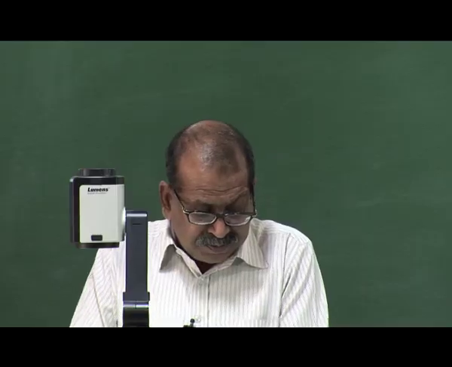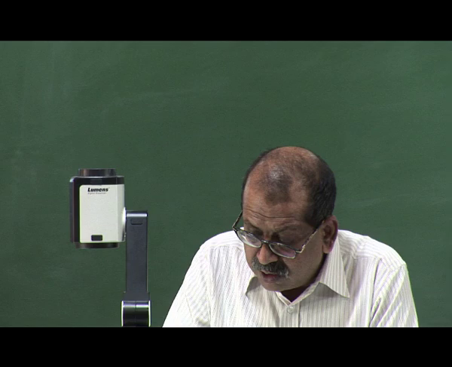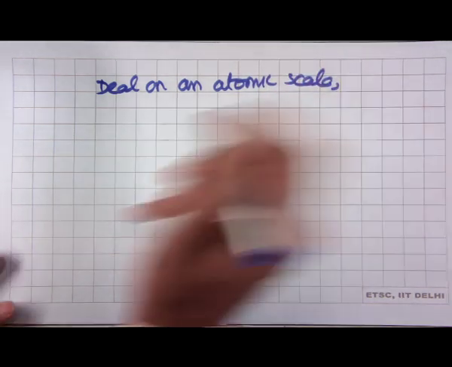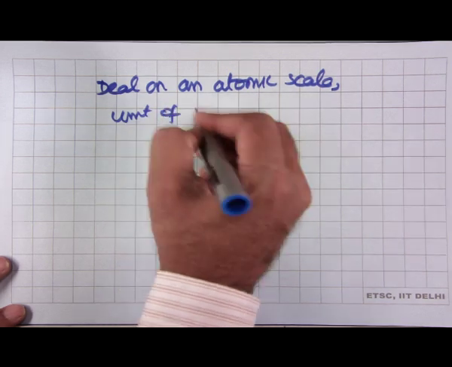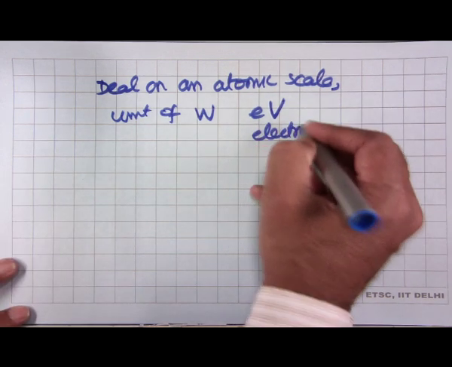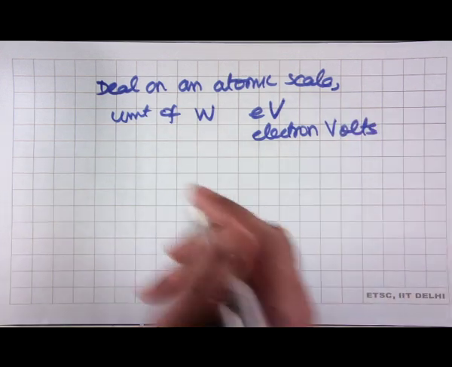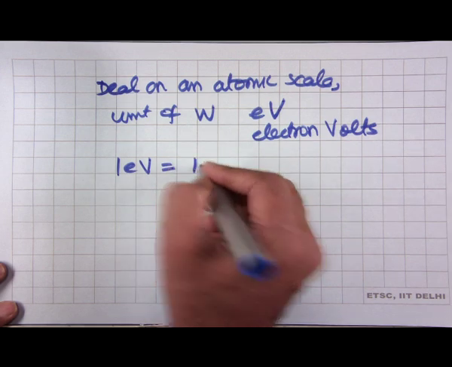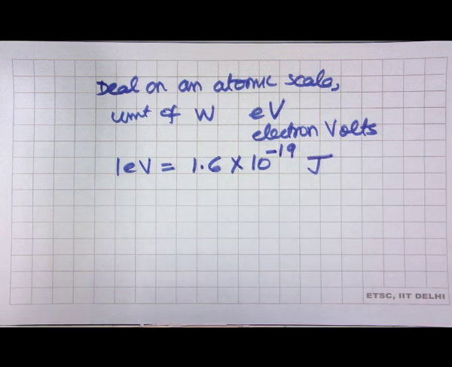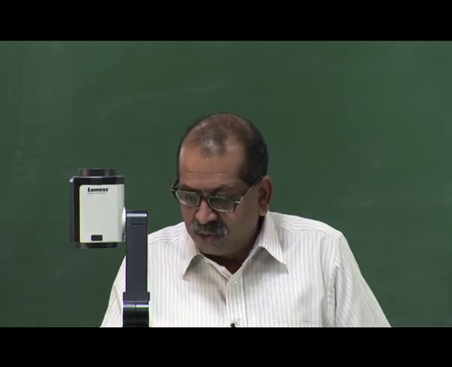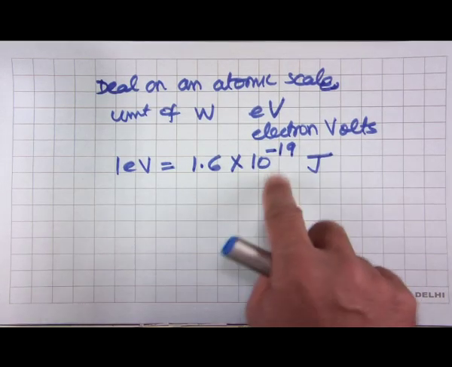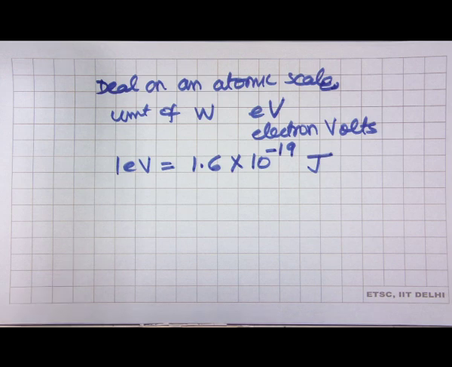Sometimes when we deal on an atomic scale, then the unit of work done is written in terms of electron volts, and 1 electron volt is equal to 1.6 times 10 to the power of minus 19 joules. So, when we work at atomic levels, then we use the unit of electron volt, so that we do not carry too many small powers of 10 when we work.